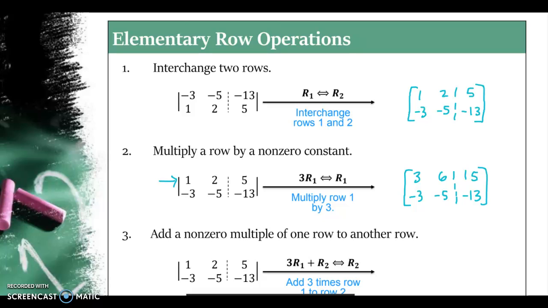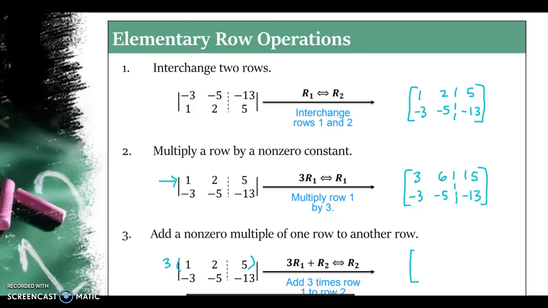Then the next thing I can do is add a non-zero multiple of one row to another row. So if I take 3 times row 1, and then I add row 2, and then replace that with row 2.